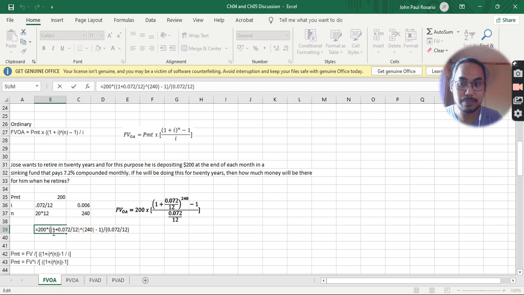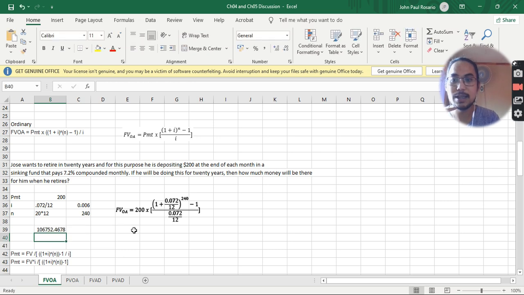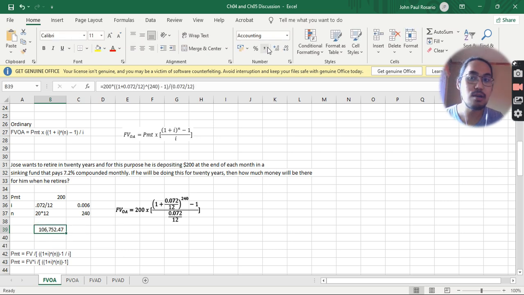That's 200 multiplied by 1 plus 0.072 over 12, raised to the power of 240, minus 1, all over 0.072 over 12. That should give us our future value of ordinary annuity.